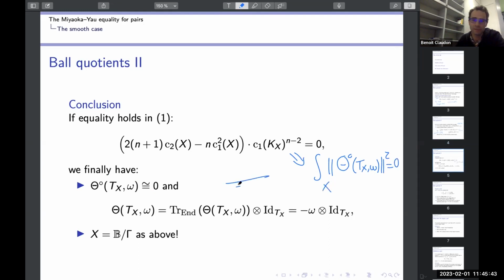And so it implies that the traceless part of the curvature tensor is identically 0. And so the curvature tensor is reduced to its trace, and this is exactly the Ricci curvature of omega. And so we get at the end that the curvature is constant, and once we know that, it's easy to conclude that X is a ball quotient.